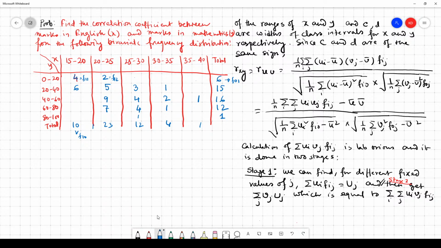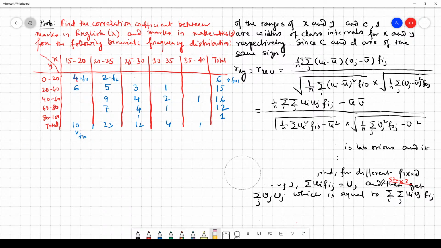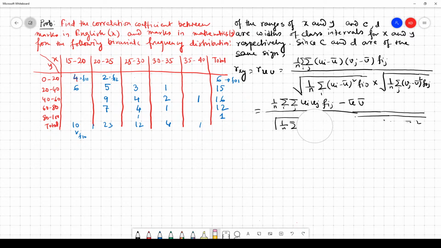So first, you prepare the following table. I give you the hint. Xi, the class marks. I need a big table, so I need to erase this portion first.